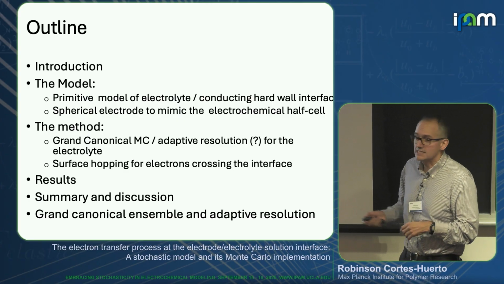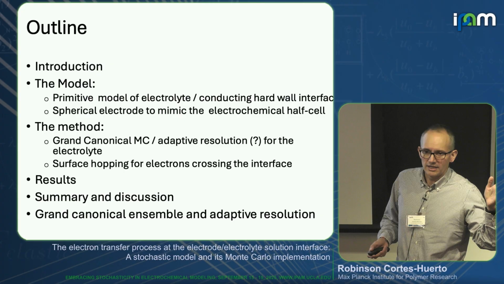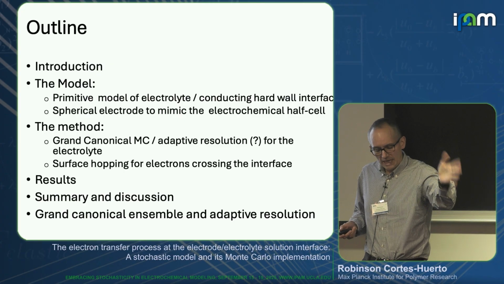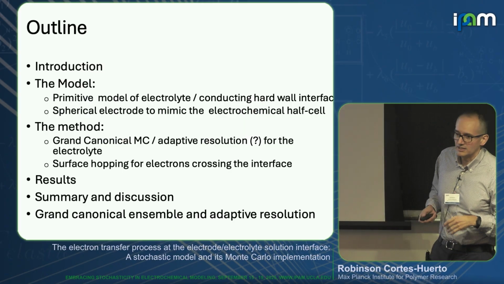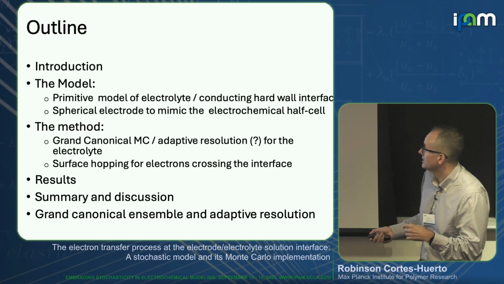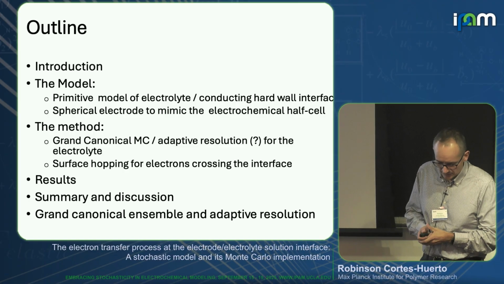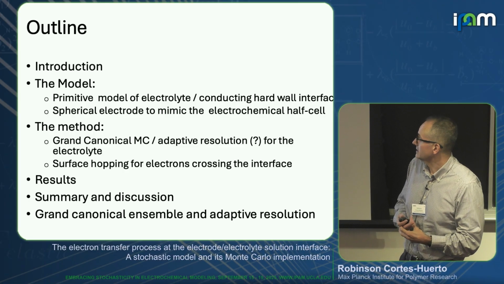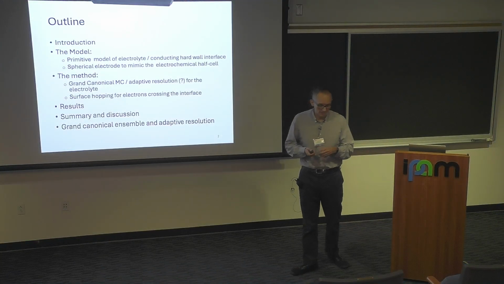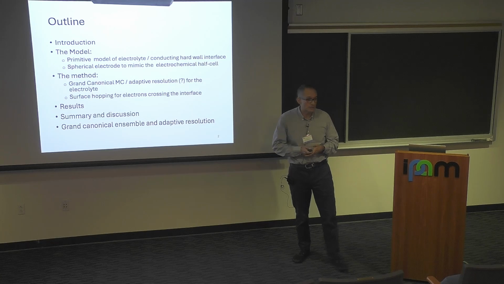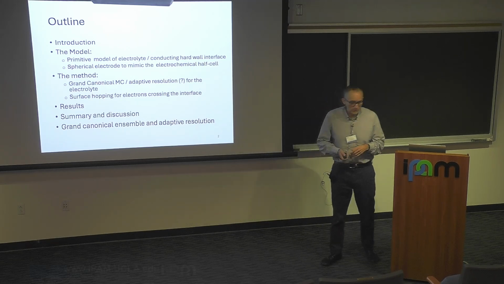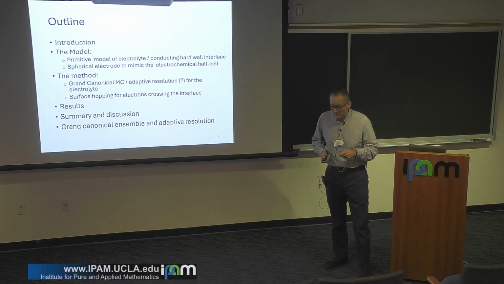We will also discuss the surface hopping of electrons between the electrode and the cations close to the interface. Then I will present some results, a summary and discussion, and then a bit of comment on an alternative method to perform grand canonical molecular dynamics or Monte Carlo simulations for fully atomistic systems. This is also something in which we have been working for quite some time.